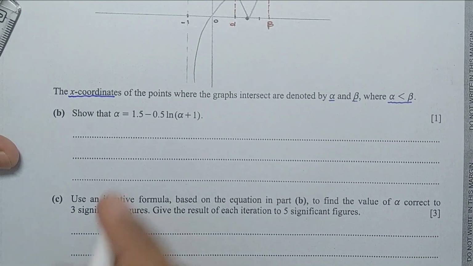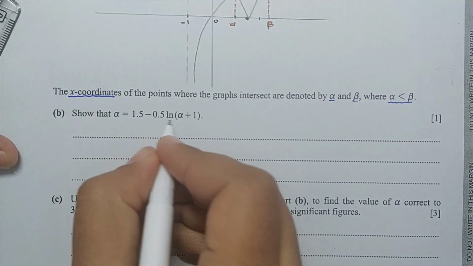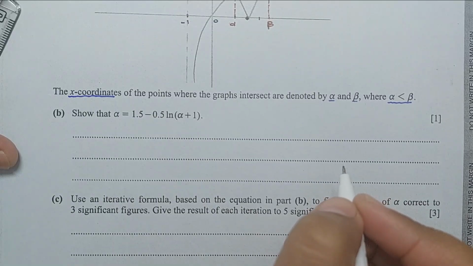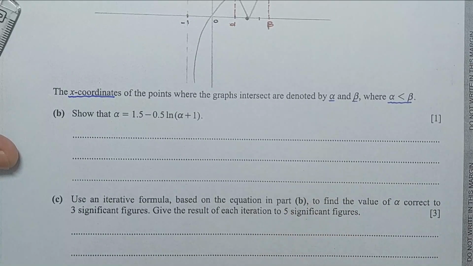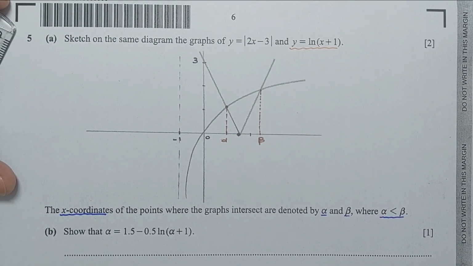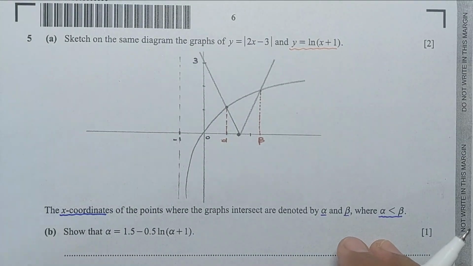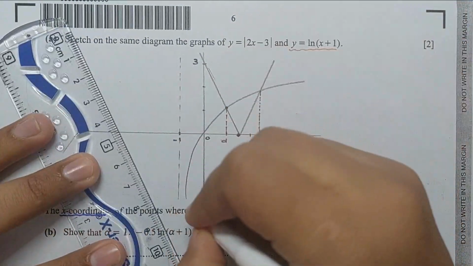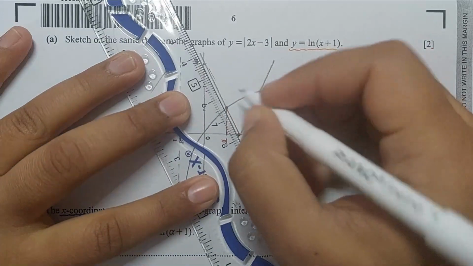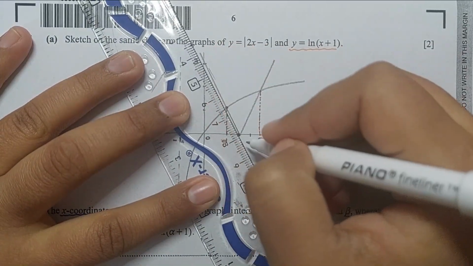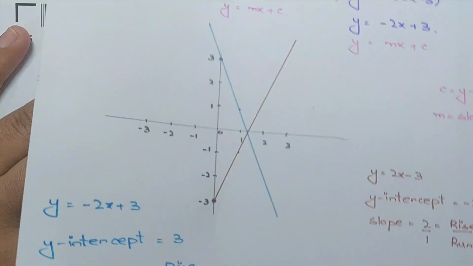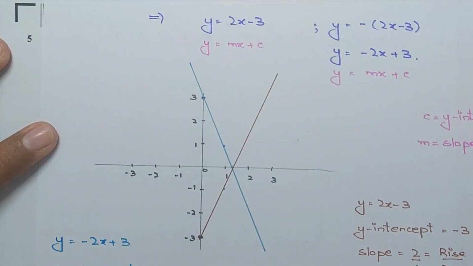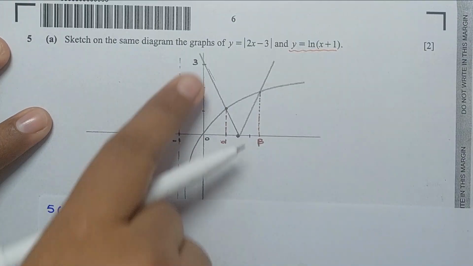Now for part B, show that alpha is 1.5 minus 0.5 ln of alpha plus 1. So alpha is basically the point of intersection, right? So when this line intersects the curve, what is the equation for this line? Okay, as I have told you, this line is basically the blue one, the first line.